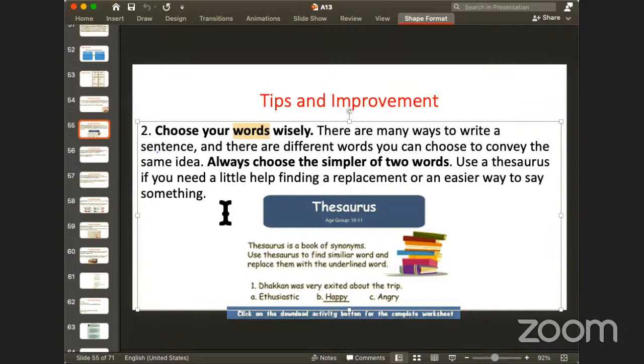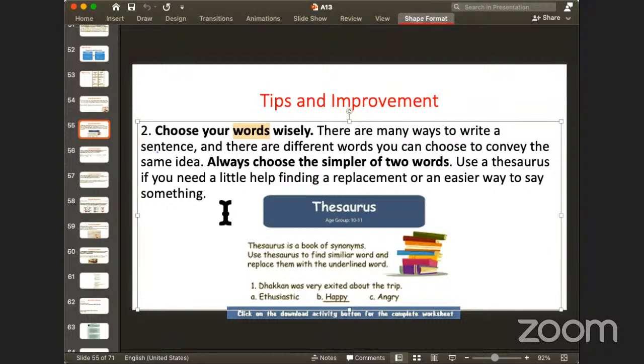By that I mean that, obviously we want to sound academic and formal, but if there are words that might not be known, or are very rare, we should try to use easier words, right?